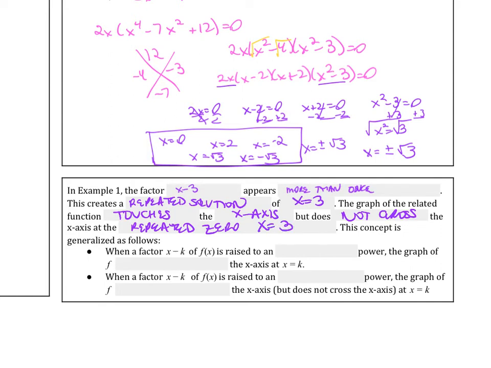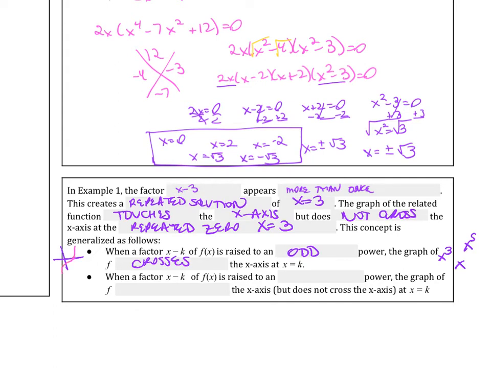So this concept is generalized as follows. When a factor x minus k of f of x is raised to an odd power, so for example, x to the third, x to the first, x to the fifth, the graph of f crosses the x-axis at x equals k. So if it's odd, then it will cross, just like it does right here.